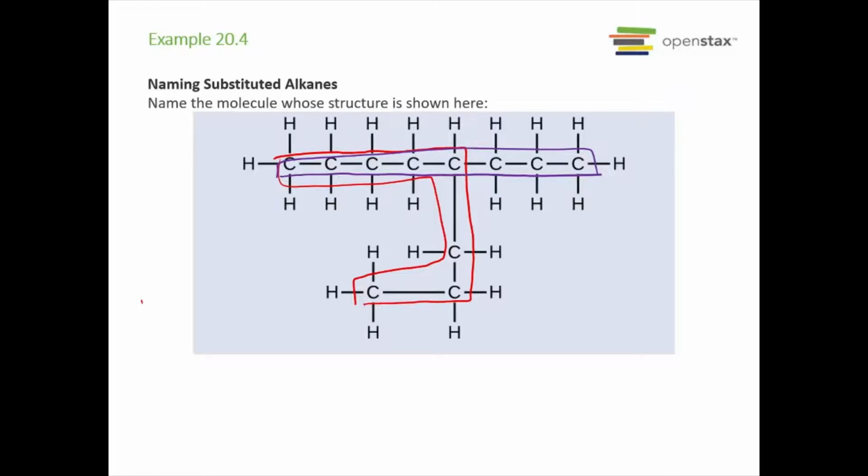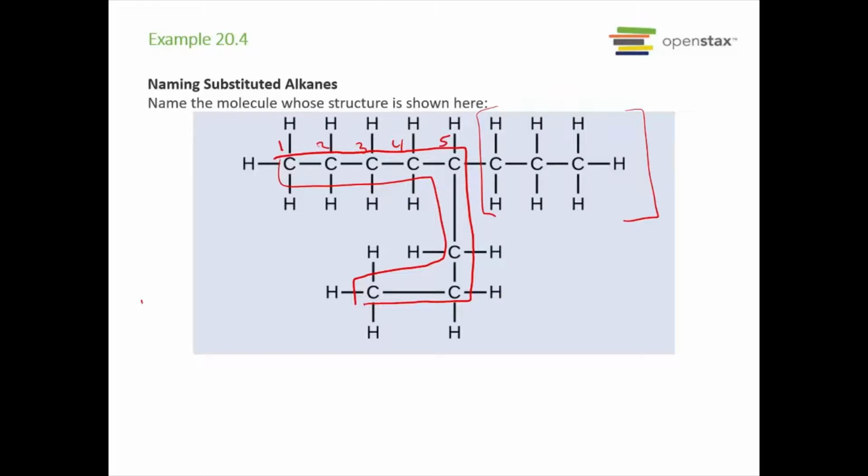So I'm going to go ahead and use my red chain because I like being a little different. So now we need to figure out our priority. Where is this alkyl group? What carbon number is it coming off of? If I start with saying this is carbon 1, then we would go 1, 2, 3, 4, 5.